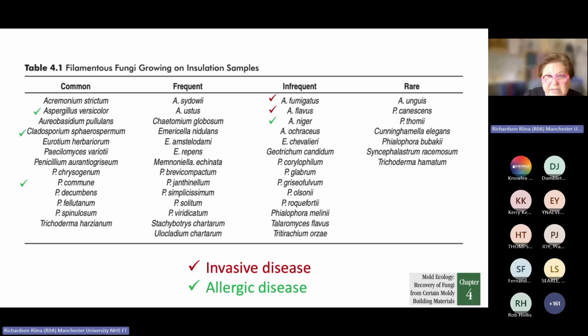Those are the allergy species, whereas Aspergillus fumigatus or flavus, which are the invasive disease fungi, are quite infrequent. So it's rare really to see them. They are primarily plant pathogens. They would prefer to grow on leaves and grass.